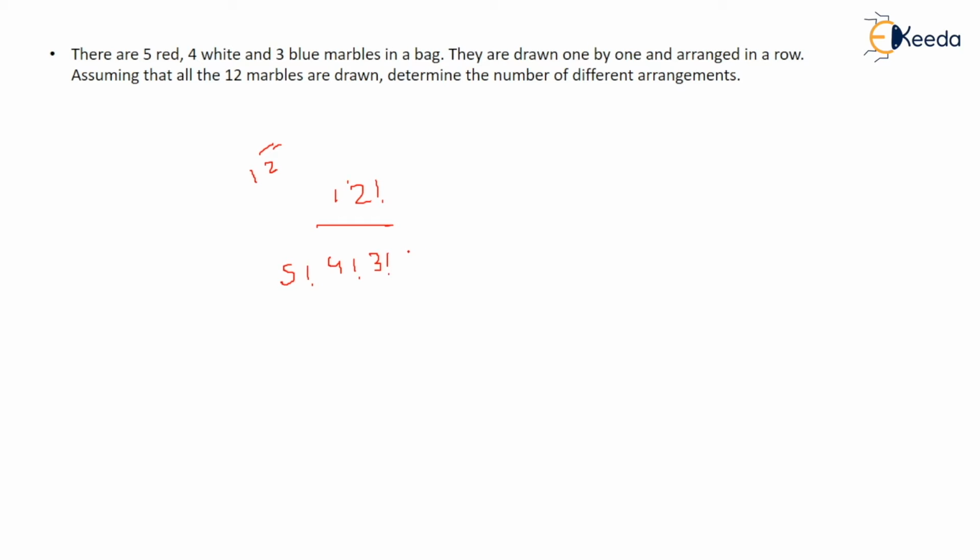So after doing this, we have to find the number of permutations, because they ask us to find the number of different arrangements. If we have to make a selection, then we take combination, and whenever there is arrangement or ways, we take permutation.